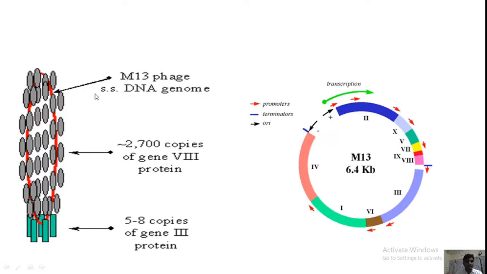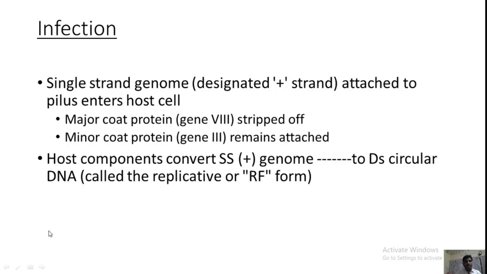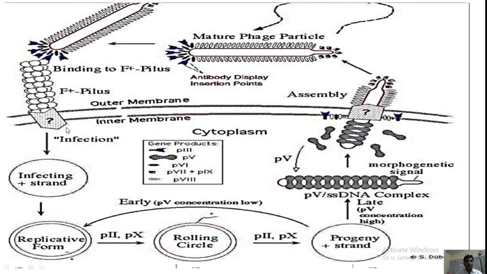Students, we have already discussed the structure of M13 phage. This is the structure of M13 phage. It has a circular genome and it is covered by gene 8 proteins, and at one end of it there are 5 to 8 copies of gene 3 protein. And coming to the infection, say this is the M13 phage.